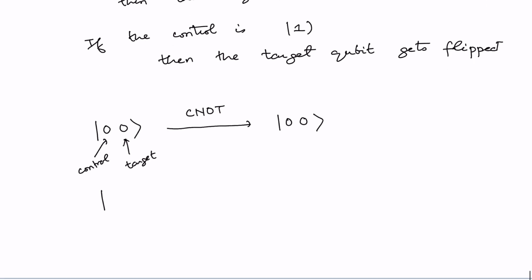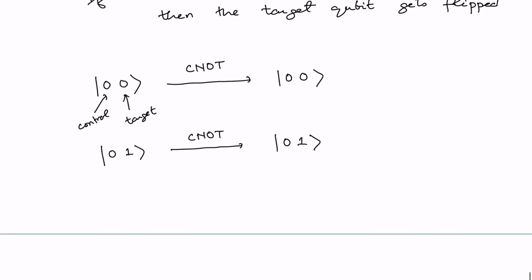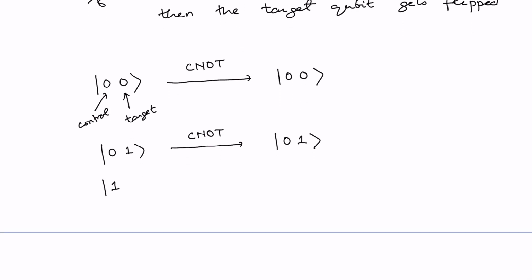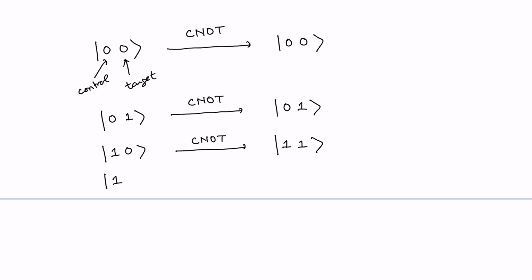Again, suppose you have 0 at the control and 1 as the target, you get 0 and 1 because the target qubit is not going to get flipped. But if the control is 1 and the target is 0, the control remains 1, but the target gets flipped and becomes 1. And if the control is 1 and the target is 1, then as per the rule it would become 1 0. Now the target qubit is getting flipped.